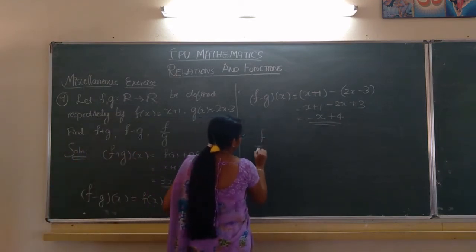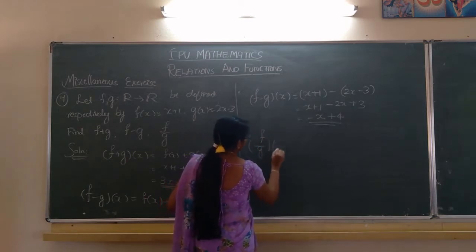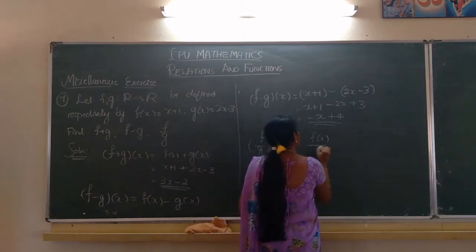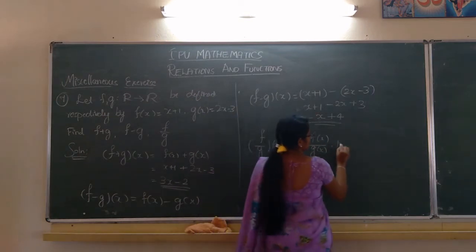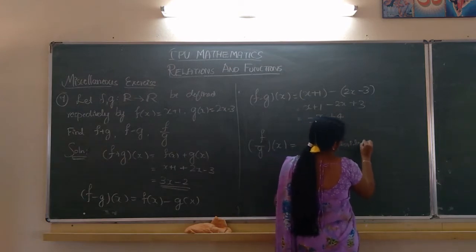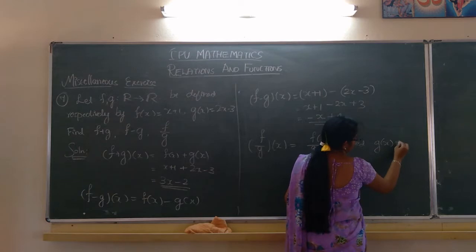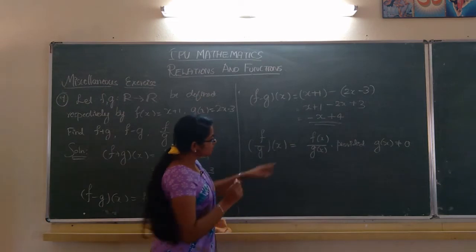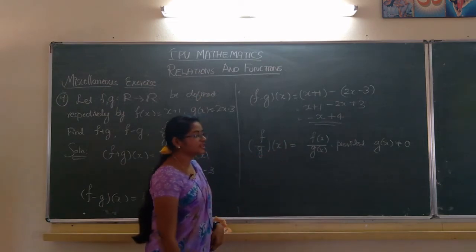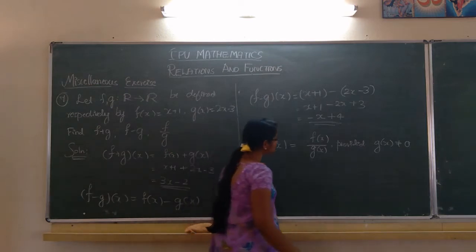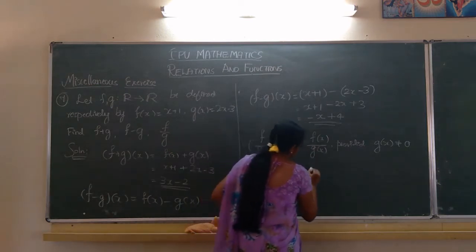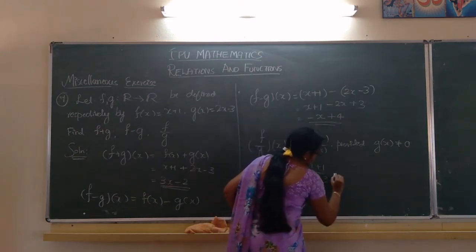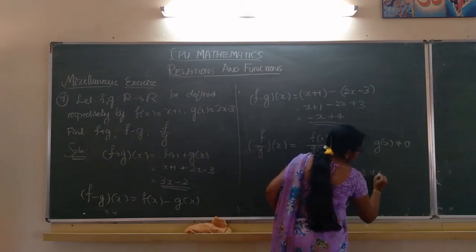Now, coming to the third problem, that is f by g of x. By the definition, it is f of x divided by g of x, provided the denominator should not be equal to 0, that is, g of x is not equal to 0. This is the condition. Now, f of x is x plus 1 and g of x is 2x minus 3, and 2x minus 3 is not equal to 0.